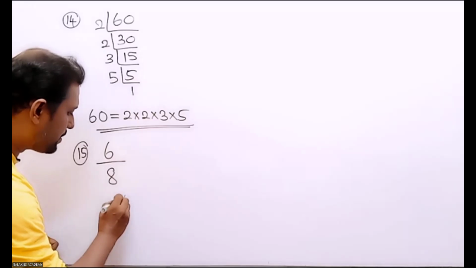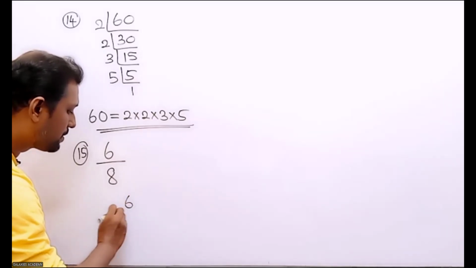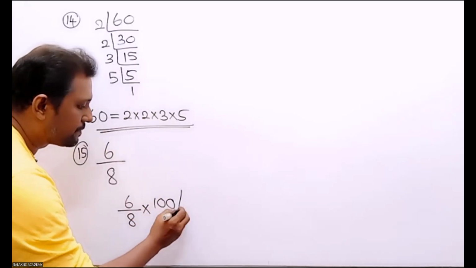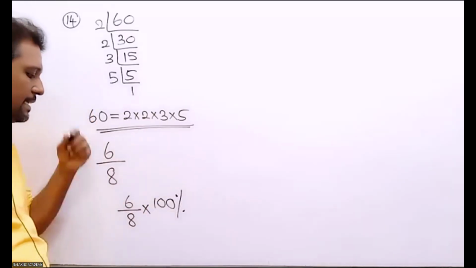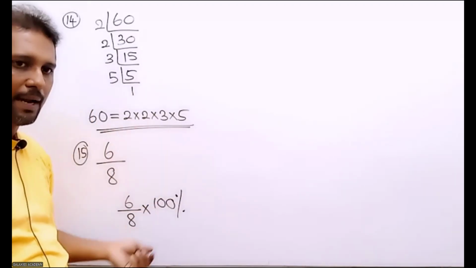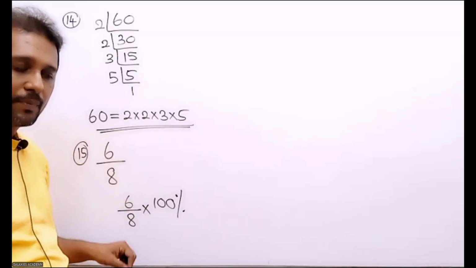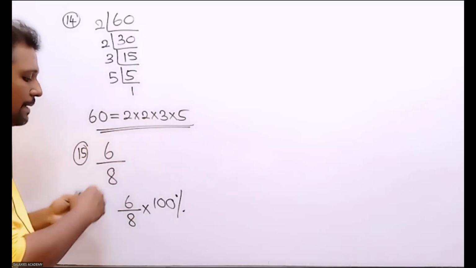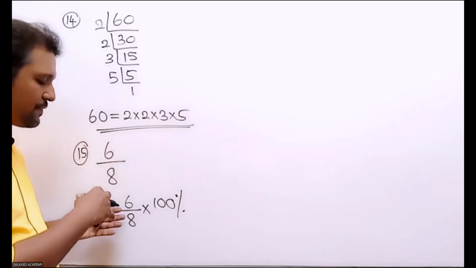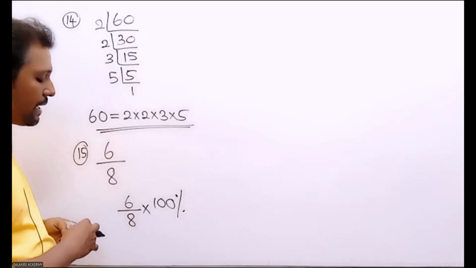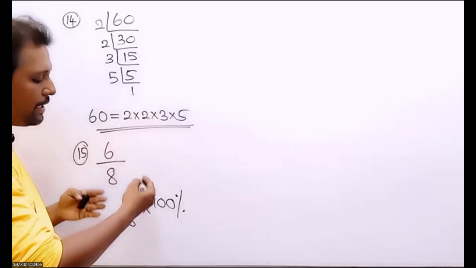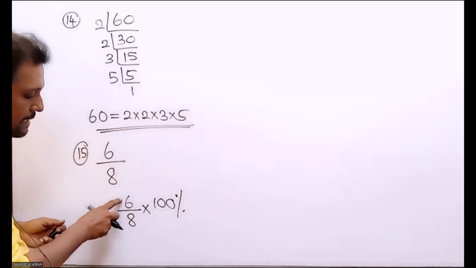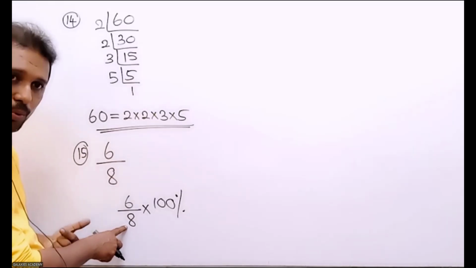Then 6/8, you can multiply by 100. 6 is the numerator value, 100 is also a numerator value, 8 is the denominator value. Then what can you do? You can simplify the numerators and denominators. This is one method, okay? How can you simplify? You can divide the numerators and denominators. 6 and 8 you can divide by 2.